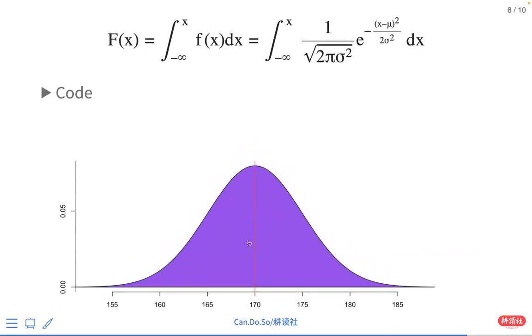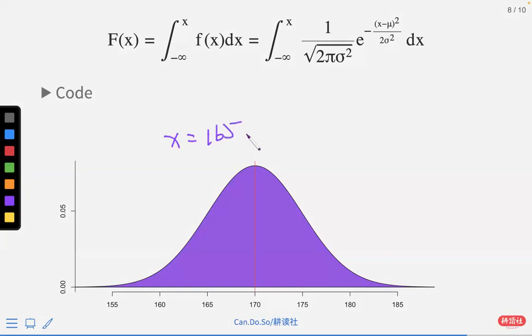If x equals, for example, 165, then F(x) is this part, the area under the curve to the left of this line.